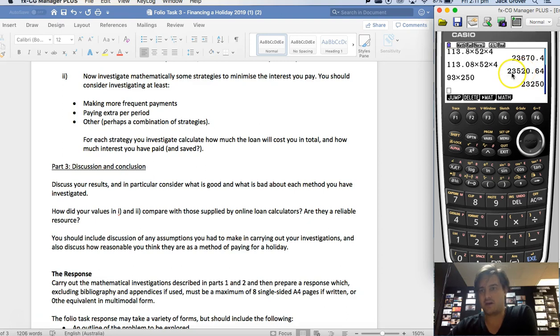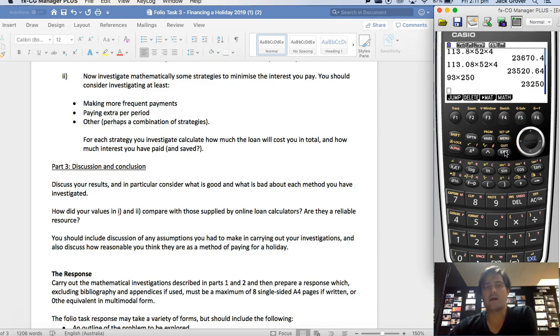We'd pay $23,520.64 in total over that whole loan period. With this one, all we've done is paid an extra $26 or so per fortnight, and we've actually saved ourselves quite a lot of money. We've saved ourselves $270.